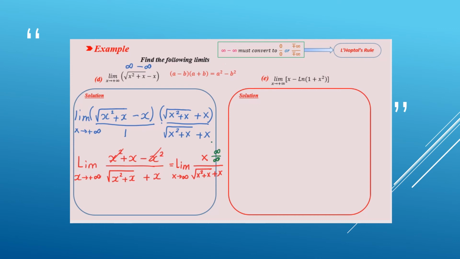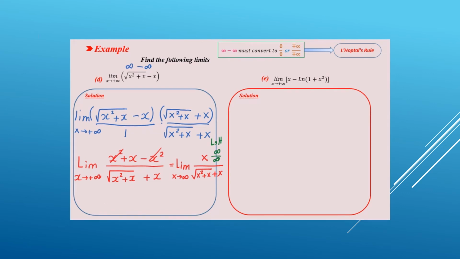So here we have infinity over infinity, so you can use L'Hopital's rule and find the derivative up and down. But if you use L'Hopital's rule, you will enter a maze. So don't try it. Check it by yourself and tell me in the comments.